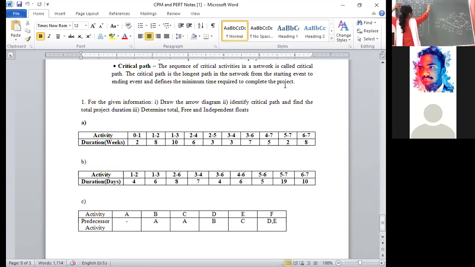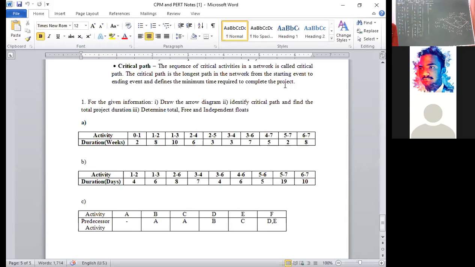Before writing LST, you have to write down LFT values. From the diagram, what is the value of L1? That is 2. L1 value is 2. Next, 1 to 2. The finish node is 2. What is the value of L2?